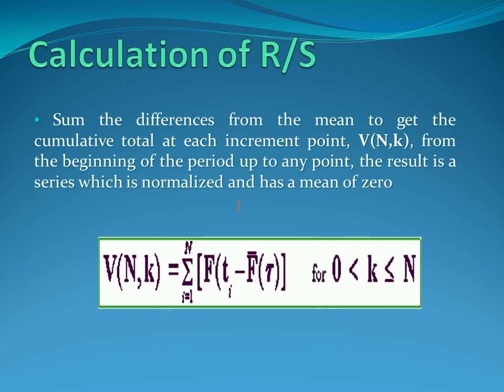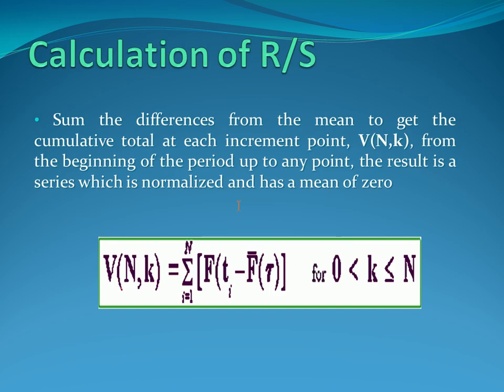Then what you want to do is come up with the variance computation, which is basically just taking the data at one point and subtracting off the mean, and then summing up all of the standard deviations. Then you can do this over an arbitrary subset of the data.